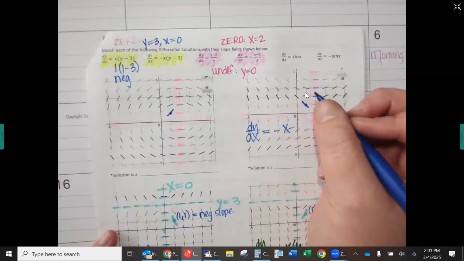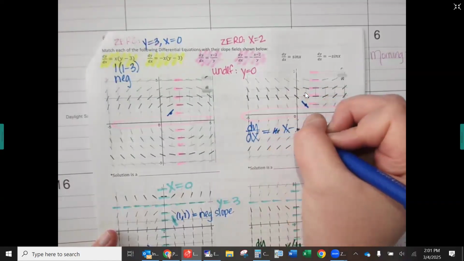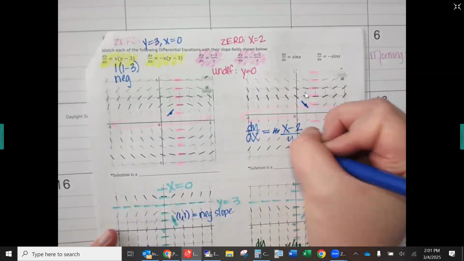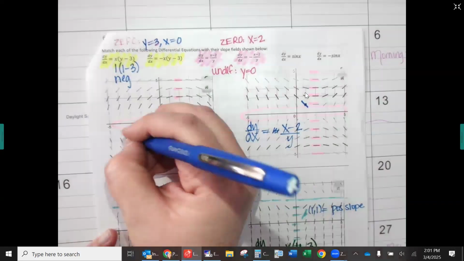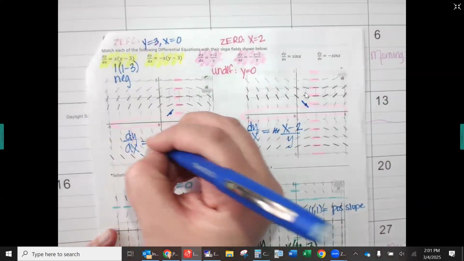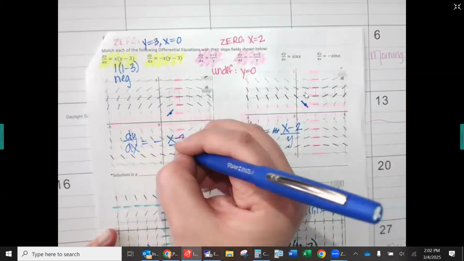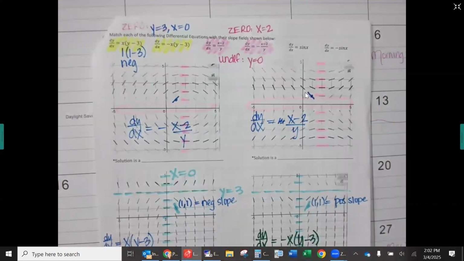Oh, wait, no, wrong. x minus 2 over y. That means this one would have to be the negative x minus 2 over y. If you're not sure, plug in the 1, 1 and just check that the line's going the right way. 1 minus 2 would be negative 1, but when you multiply it with the negative in the front, it would cross out and give you a positive.